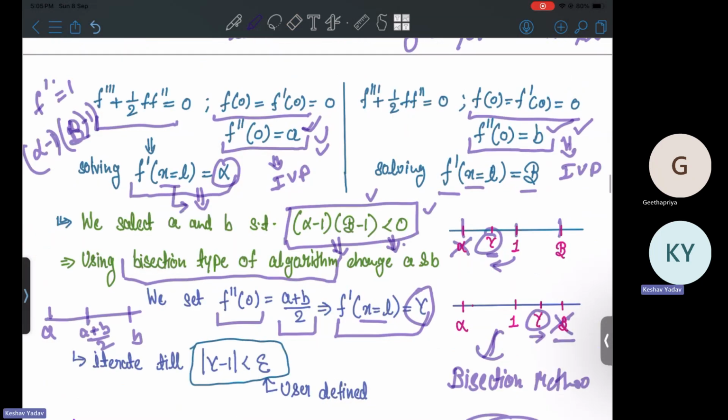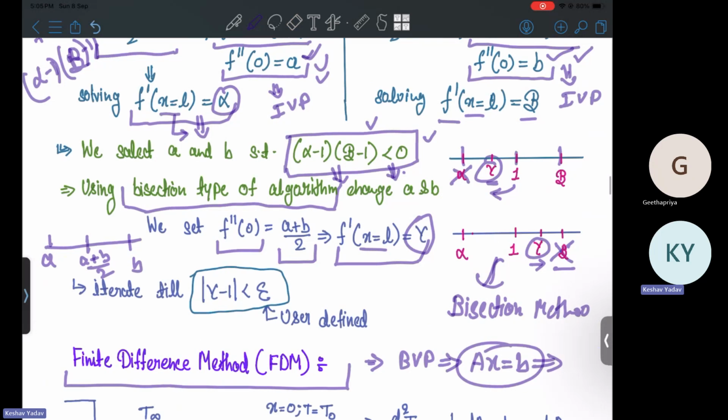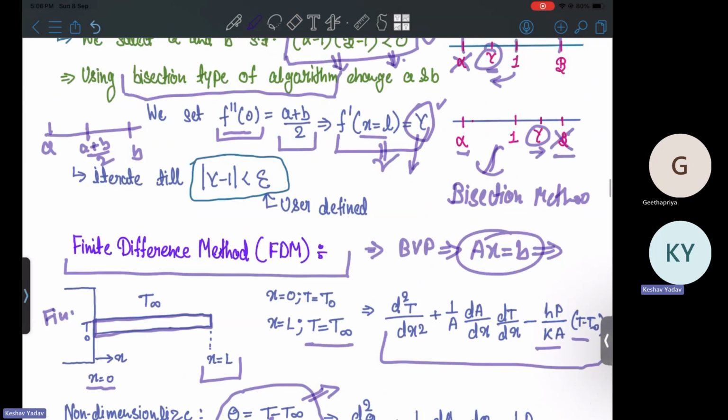So A, B assumption should be like that. If the condition is satisfied, then we can assume a new guess using the bisection type of algorithm, (A plus B) by 2, f double prime at 0 equal to (A plus B) by 2. Then from here we find the boundary condition. Suppose that comes to gamma, then one of alpha or beta will be replaced by the bisection method.